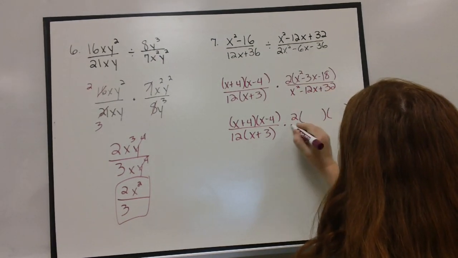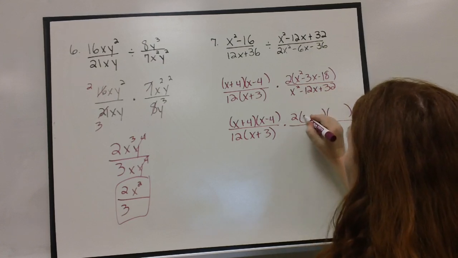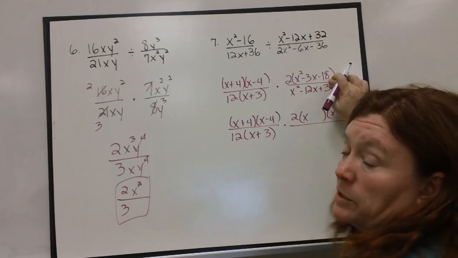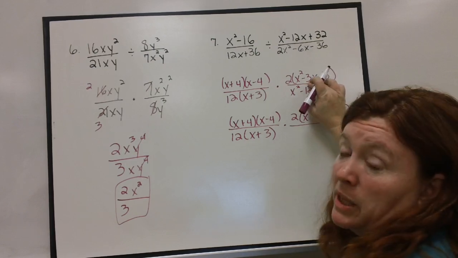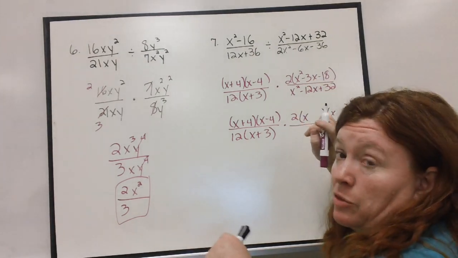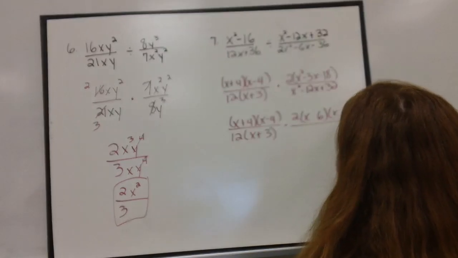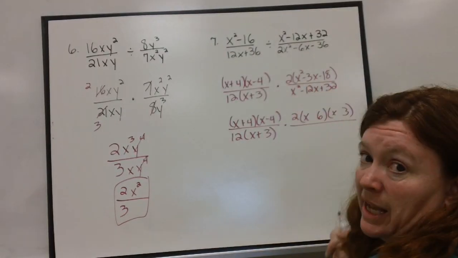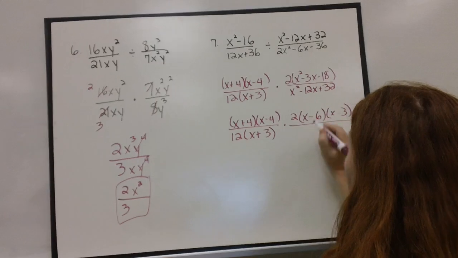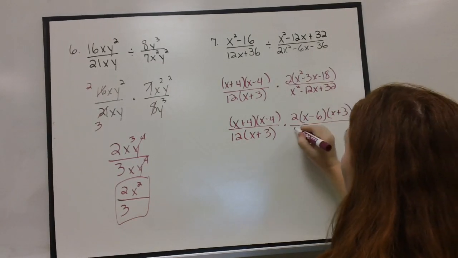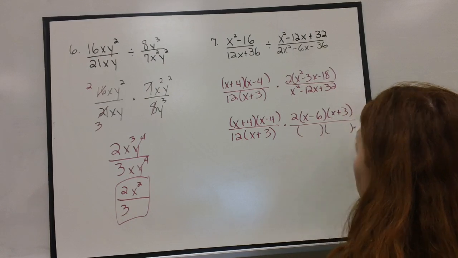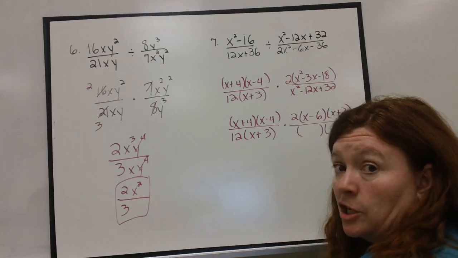Now, this does factor into, let's see, two numbers that multiply to give me 18, but subtract to give me 3. That would be 6 and 3. I want a negative 3 out of this. That would be a minus 6 and a plus 3. The denominator will factor into, there's no common factor, so it's 3 terms.